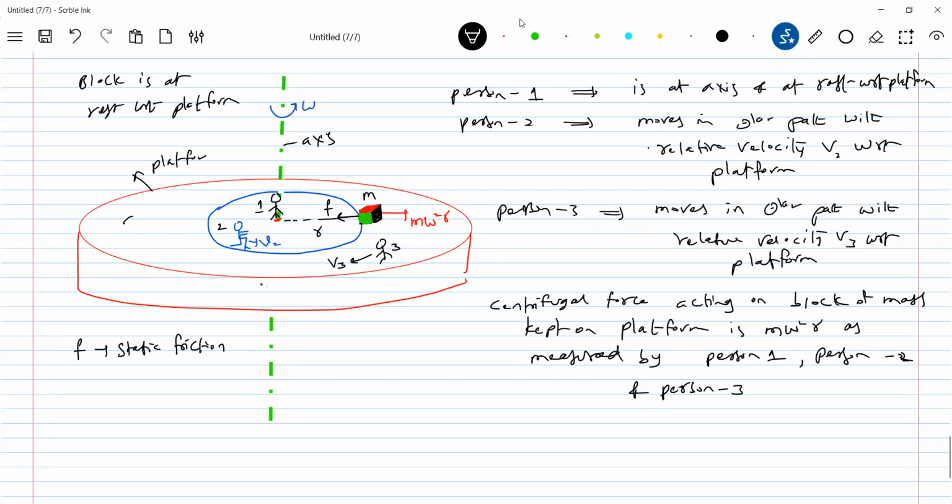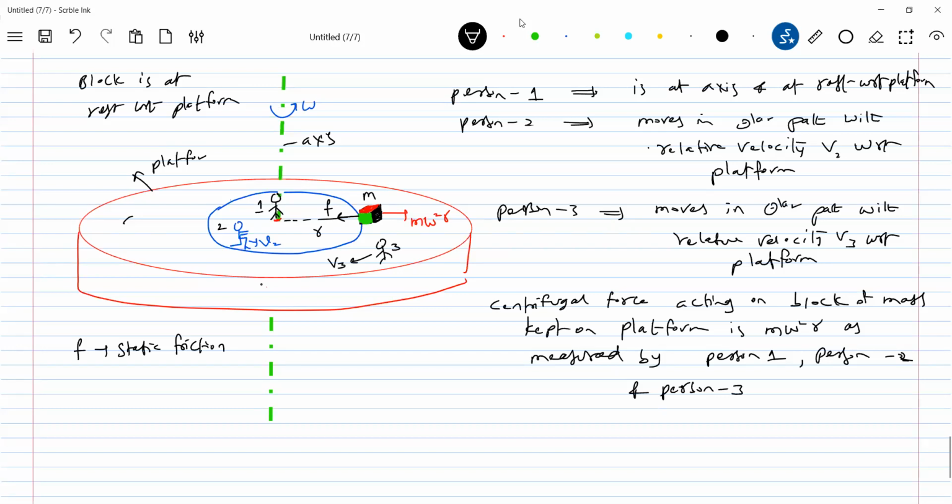Centrifugal force and pseudo force are different. Suppose you want the pseudo force acting with respect to person 2. It's totally different. Then you should calculate the acceleration of person 2 and write m a2. That is the pseudo force. The pseudo force acting on the block depends on person 2, person 3. But centrifugal force acts normal to the axis, and depends on mass, square of angular speed, and perpendicular distance from the axis to the block.